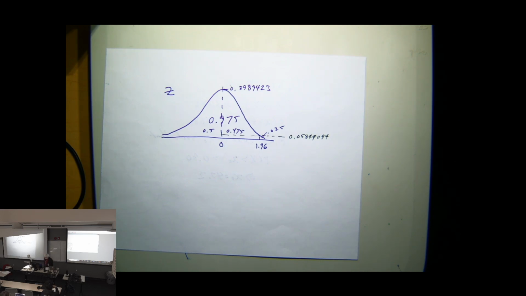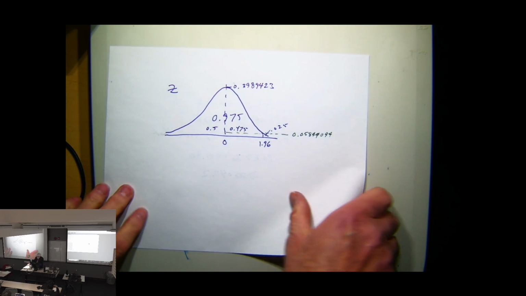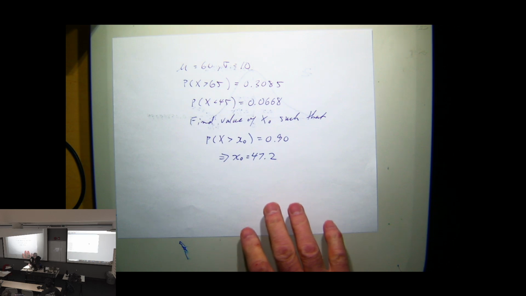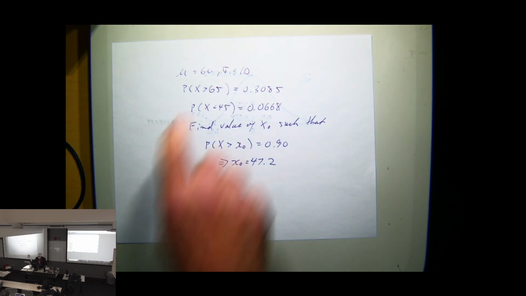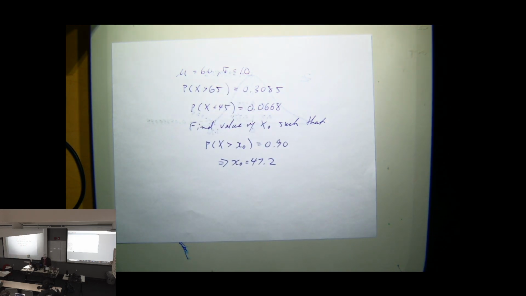Before I go to generate some random numbers, I want to just take a look at a couple of these. We had a couple problems again, and so we wanted the probability x is greater than 65 with a mean of 60, standard deviation of 10. So what could I have done? I needed to get a probability. A probability was p-norm.